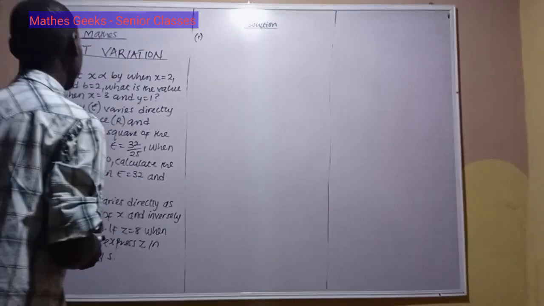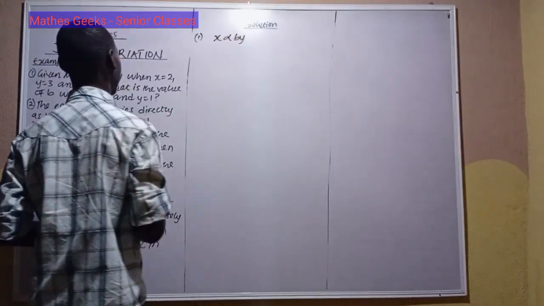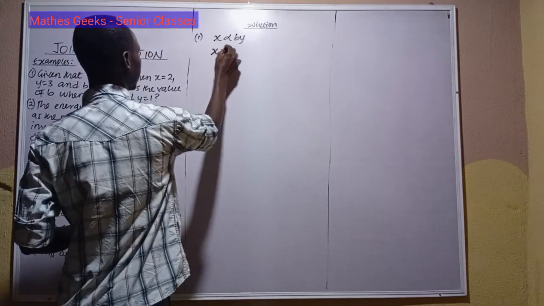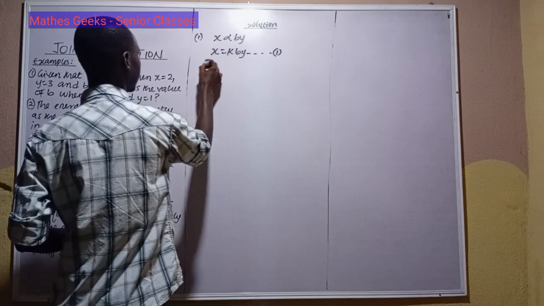Given that x varies directly as b and y, so x equals Q b y. Equation 1.